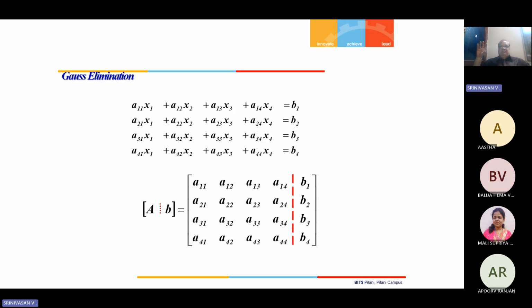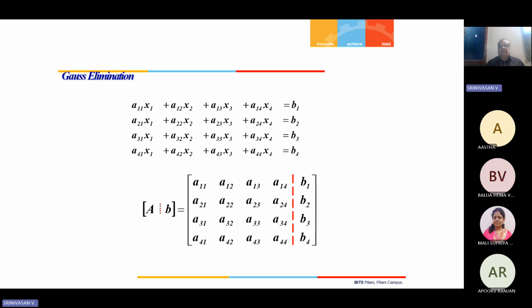This system can be written as a vector equation, with matrix multiplication on the left-hand side. That is, you have AX equal to B. We now write only the augmented matrix.